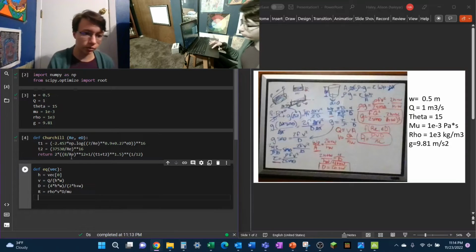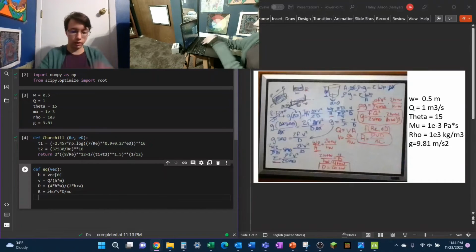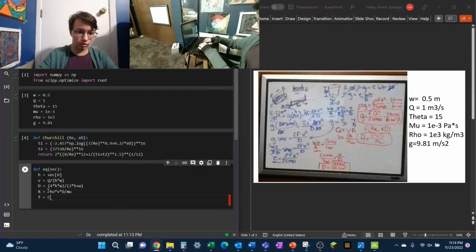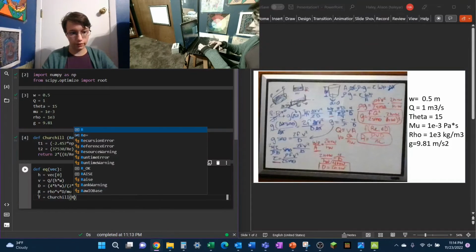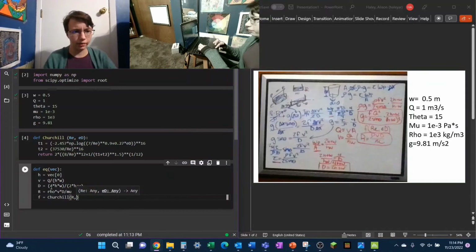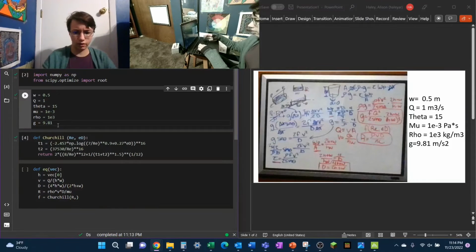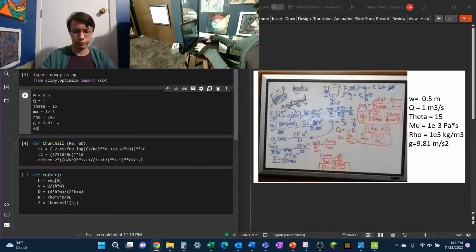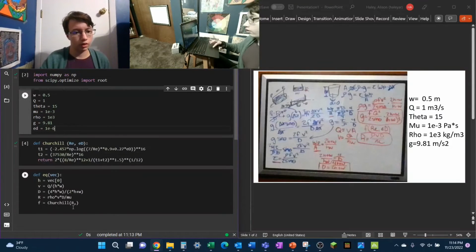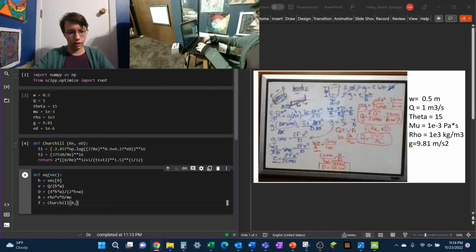Alright, so then once we have that in there, we can then say that our f is going to be equal to Churchill of our Reynolds number here that we defined as R, and then we need a reference value, so we can put that up here, and let's just say that it's 1e to the negative 6. So then we'll put that down here.